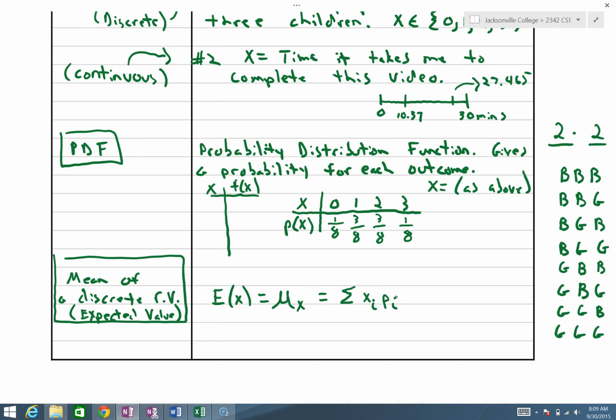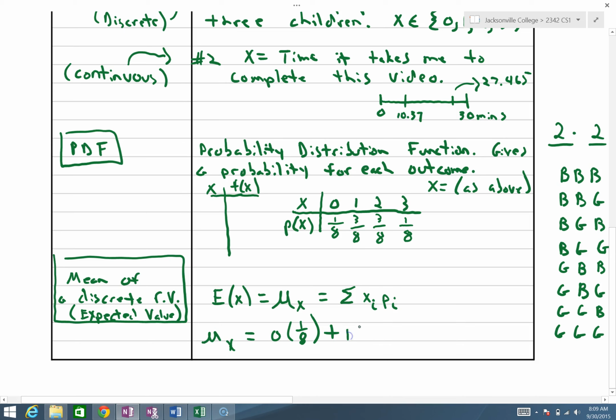So for our random variable x here, here's what I would say. The mean of our random variable x is going to equal each x times its probability. So we'll take 0 times this 1/8. 0 times 1/8. Alright. Then we will add to that 1 times 3/8.